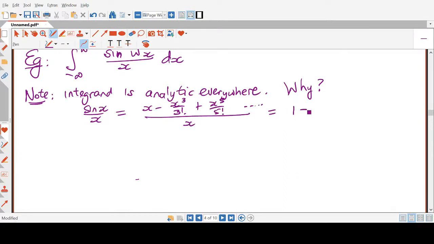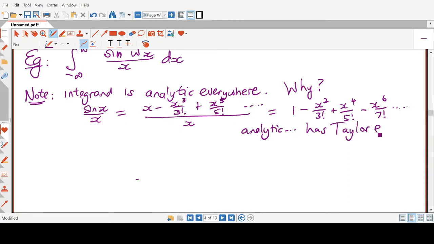Divided by x, it'll become 1 minus x squared over 3 factorial plus x to the 4th over 5 factorial minus x to the 6 over 7 factorial and so on. It's analytic. It has a Taylor expansion that's valid everywhere. There are no points you need to exclude. There's no dividing by x because x goes into x, x goes into x cubed, x goes into x to the 5. So x doesn't spoil anything.